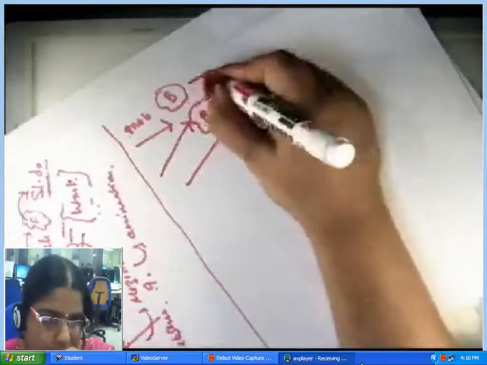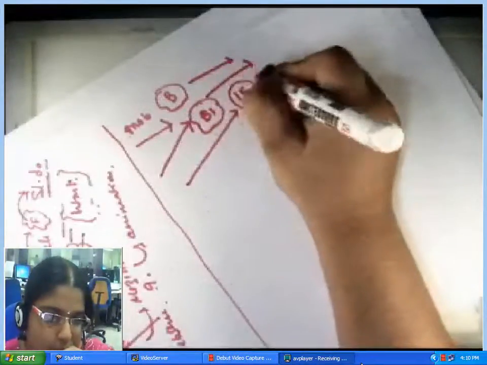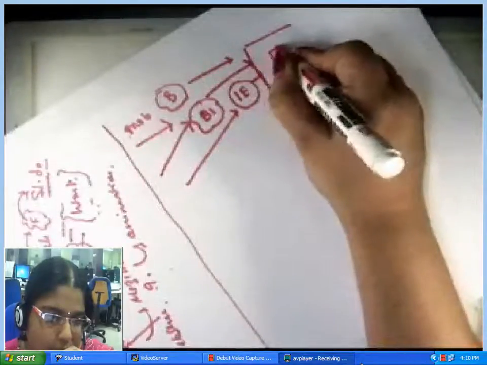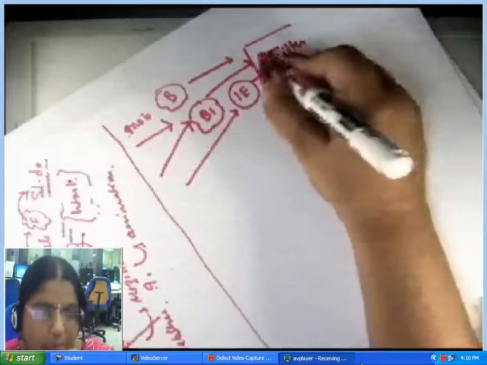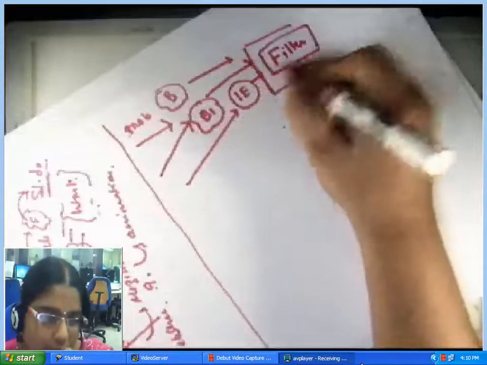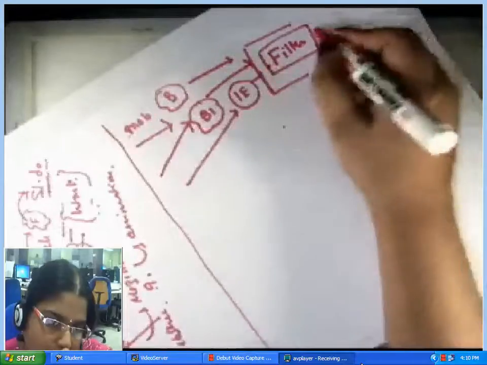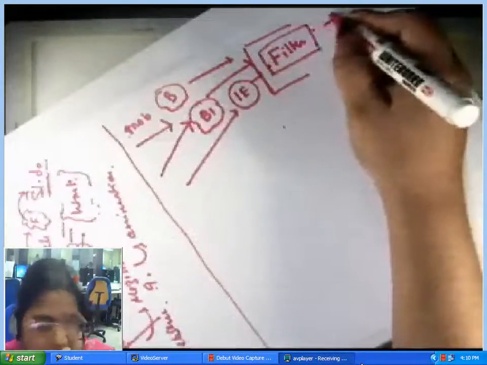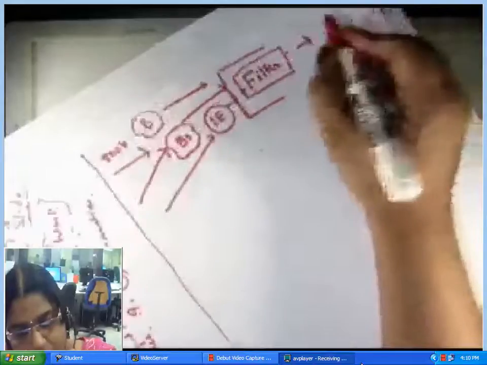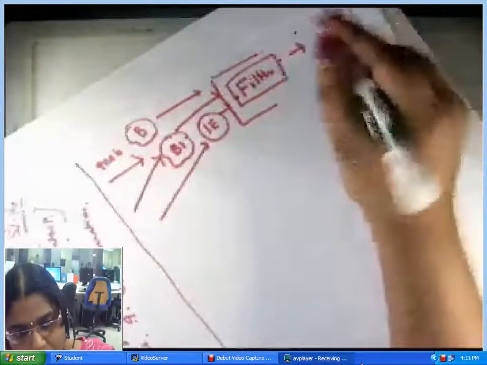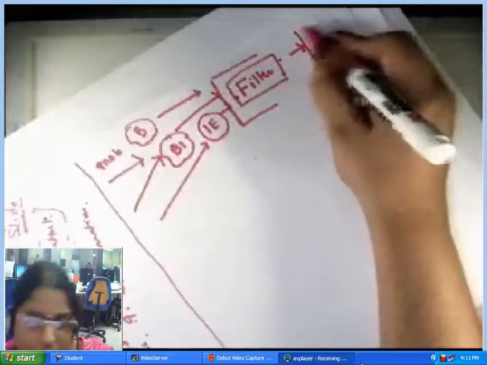Now these requests will be sent to what? To the web container. Now the web container will make use of something called a filter in order to find out which kind of requests these are and what kind of component it is asking for. Let's assume that it is asking for a component to check the balance.